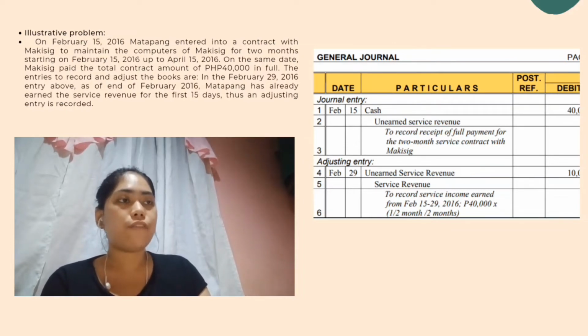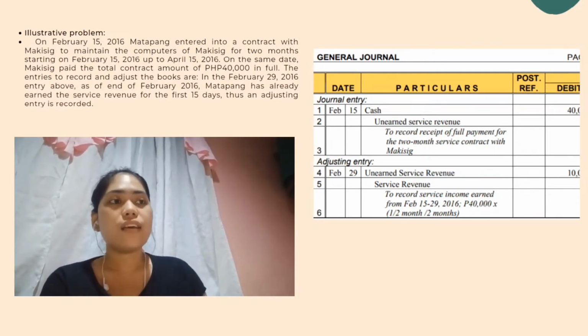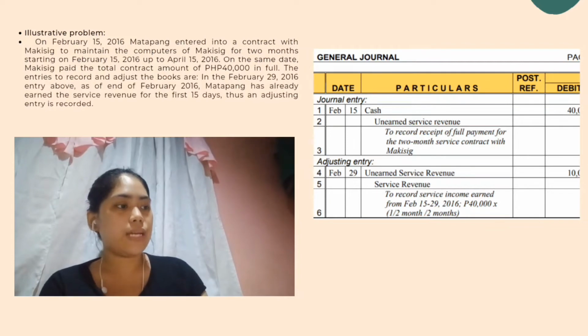The items to record and adjust in the books are in the February 29, 2016 entry above. As of the end of February 2016, Matapang has already earned the service revenue for the first 15 days, thus an adjusting entry is recorded.